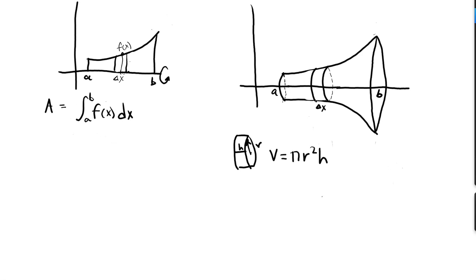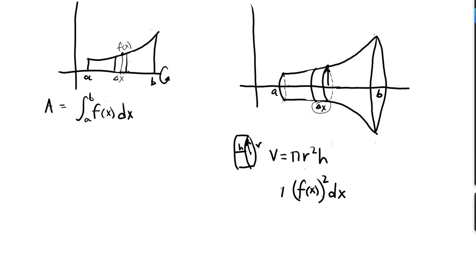So if I come back over here and look at the disk that's actually in my revolved solid, what is the radius going to be? Well, the radius is sitting here on the original function. So my radius becomes the function. The width of my disk is delta x, and in the integral form that's dx.